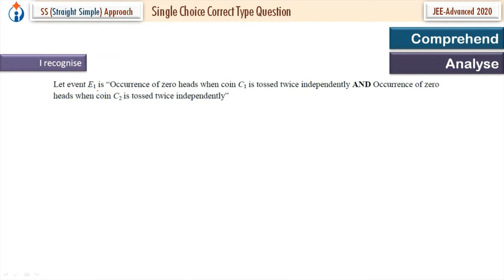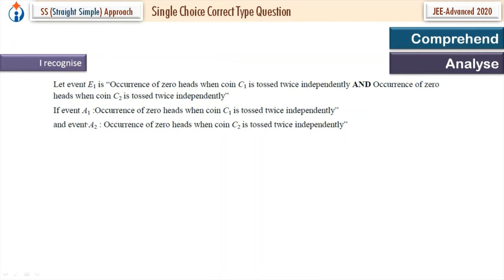Now let event E1 be the occurrence of 0 heads when C1 is tossed twice independently and occurrence of 0 heads when coin C2 is tossed twice independently. So alpha equal to 0, beta equal to 0. Now in this, event A1 is 0 heads when coin C1 is tossed twice.